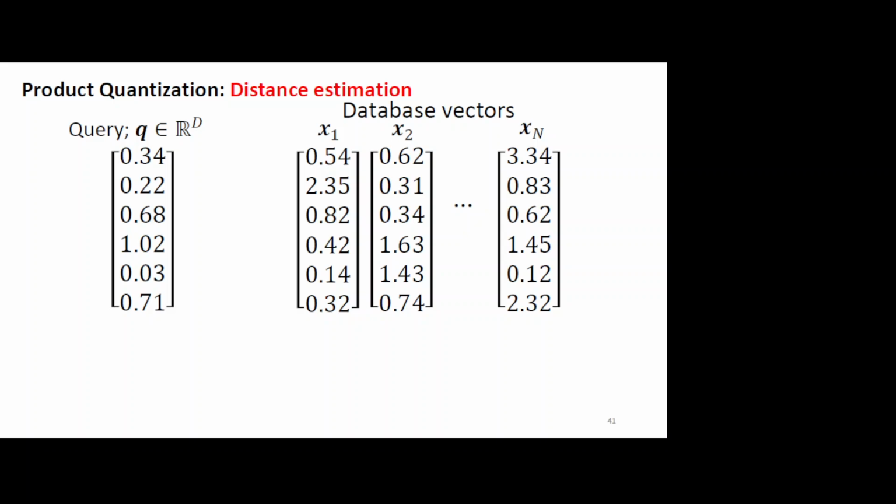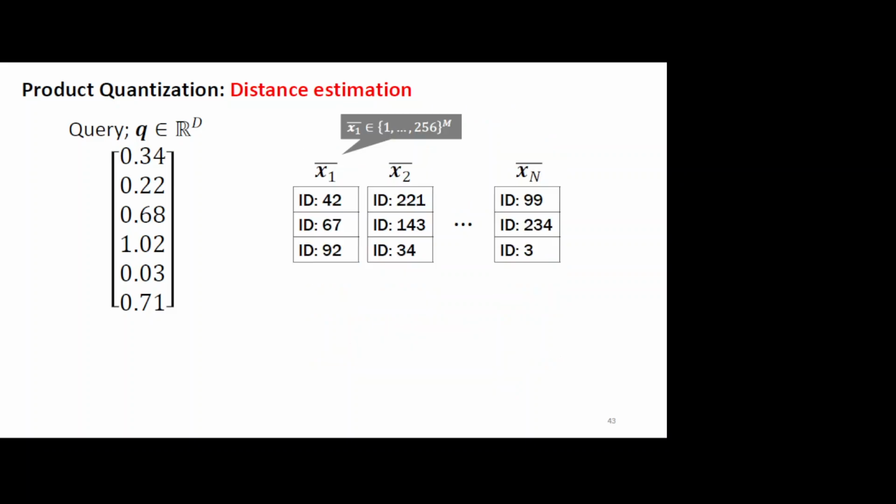Okay, so when we want to perform the distance estimation, here is your query, and there is our database vector here. After we perform the product quantization, all the data vectors become like this. So you can see we only have a very compact code stored in our database.